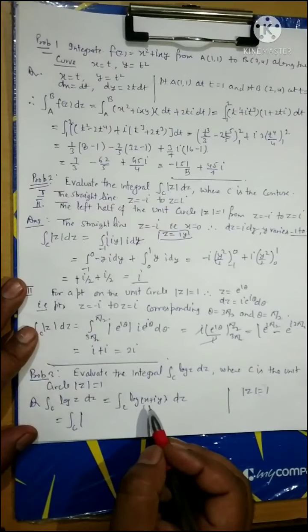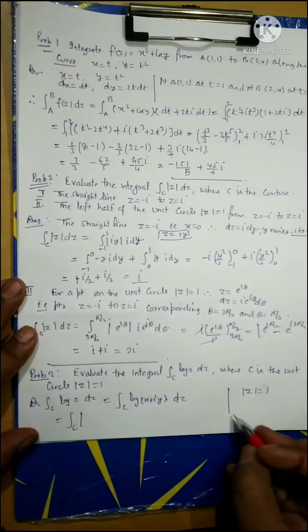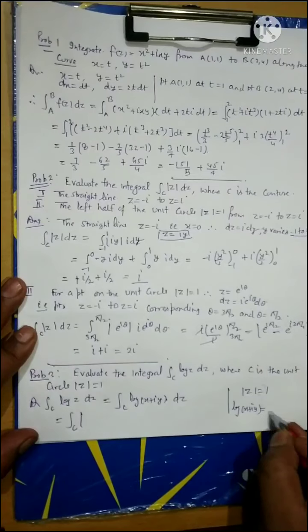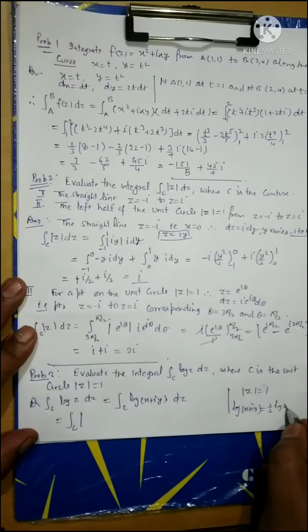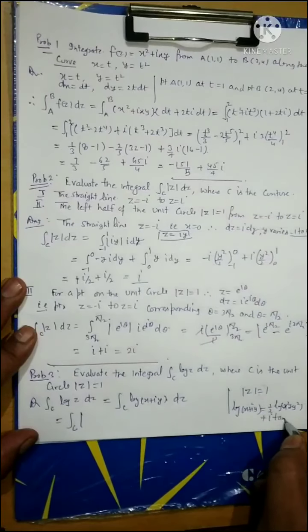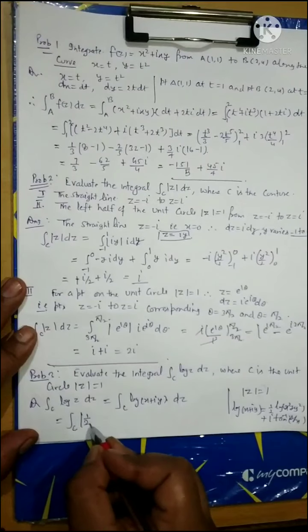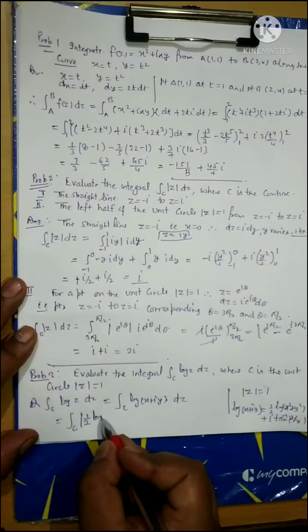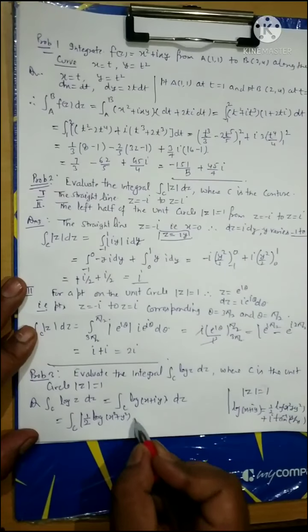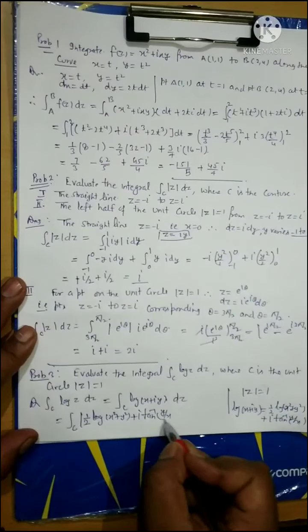Now we use the formula log of x plus iy is equal to 1 upon 2 log of x square plus y square plus i tan inverse y upon x. Therefore 1 upon 2 log of real part square plus imaginary part square plus i tan inverse imaginary part upon real part.